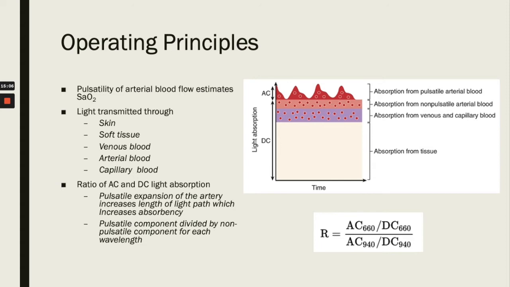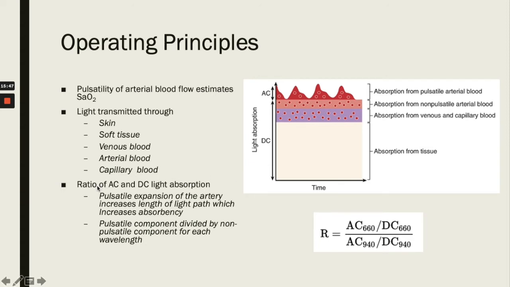When we're looking at the pulsatility of arterial blood flow, we're looking at AC, alternating current, which is the pulsatile portion, and DC, direct current, which is the non-pulsatile portion of arterial blood, venous and capillary blood, and tissue and skin as well. So we're looking at all of these different things that light absorption has to go through in addition to the pulsatility of arterial blood flow for the pulse ox to read.